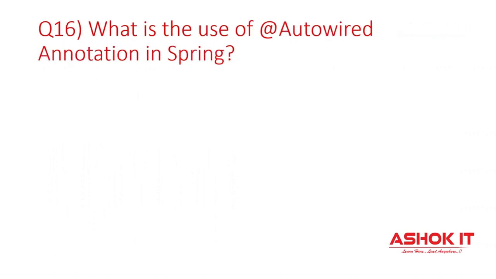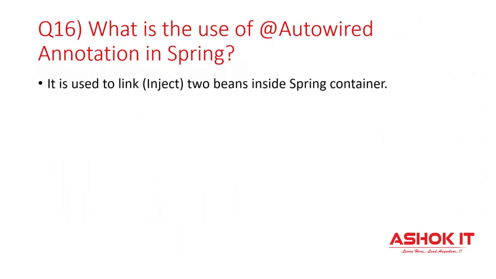Next question. What is the use of the @Autowired annotation in Spring? If you want to link two beans automatically based on type detection, or inject the beans, this annotation is used mostly. If you have a service layer, repository layer, controller layer, and you want to link one layer with another layer, we can write @Autowired.